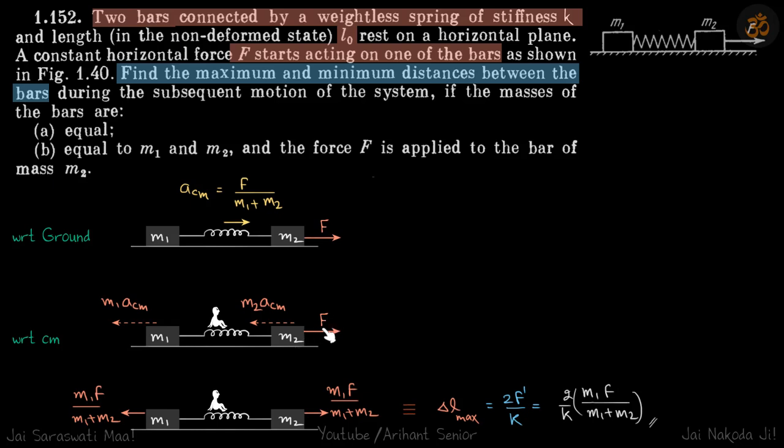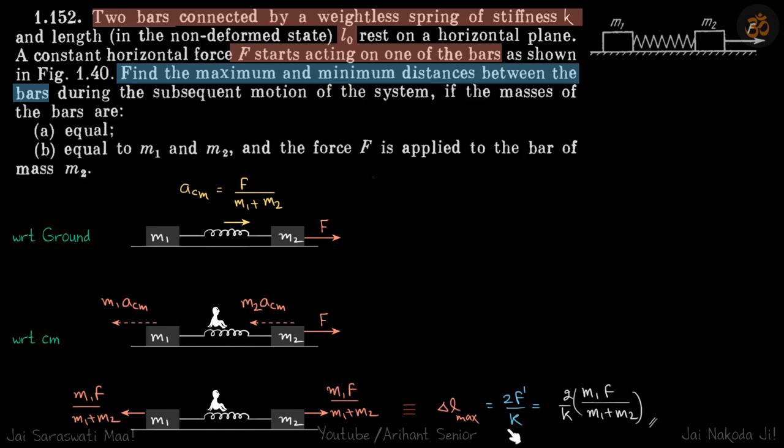So now if you do F minus M2 ACM, where you can put the value of ACM here, we will see that both the forces are equal in magnitude and opposite in direction. And that is expected, because with respect to center of mass, the system must be at rest, which means the force must be balanced.